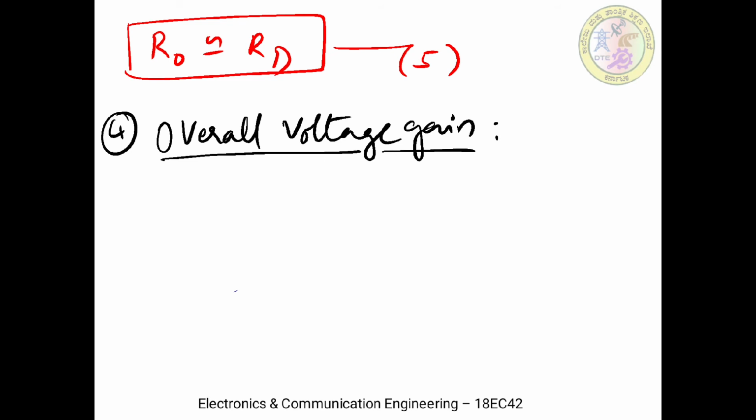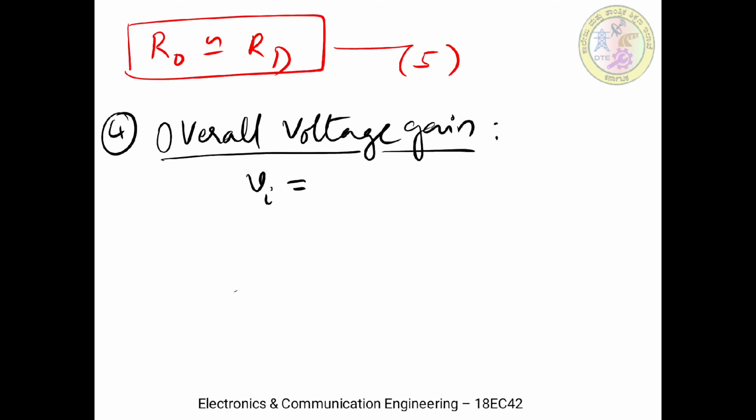In the previous session, while defining the gains of the amplifier, we saw the voltage gain AV, the open circuit voltage gain AV0, and the overall voltage gain GV. While writing the overall voltage gain, we consider that because of the infinite input resistance, the entire signal VSIG will appear at the amplifier input.